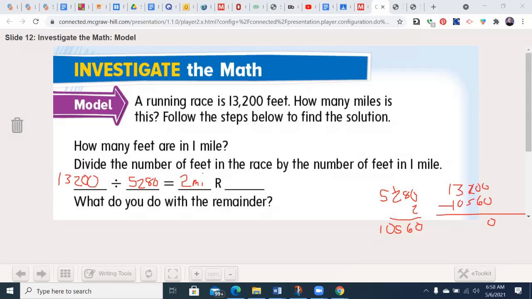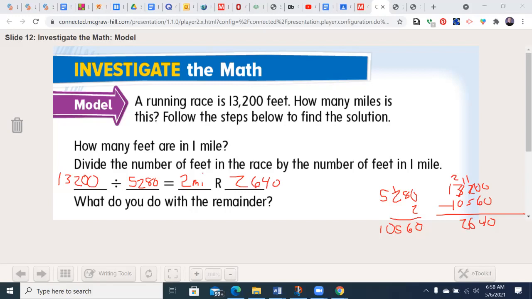I'm going to regroup, get a 1. So that's going to become a 10. 10 minus 6 is 4. Going to regroup again, get a 2 and an 11, 6. And my remainder is 2,640. So my distance is 2 miles, 2,640.